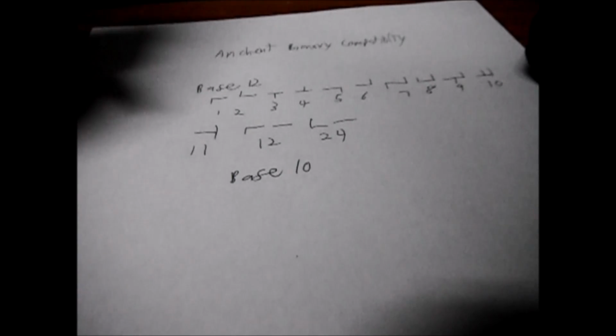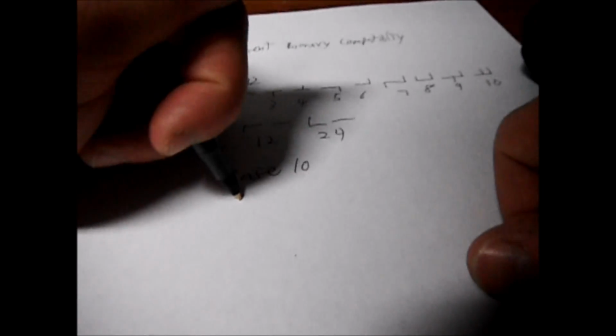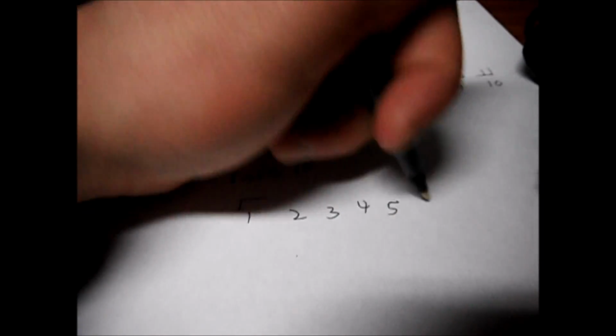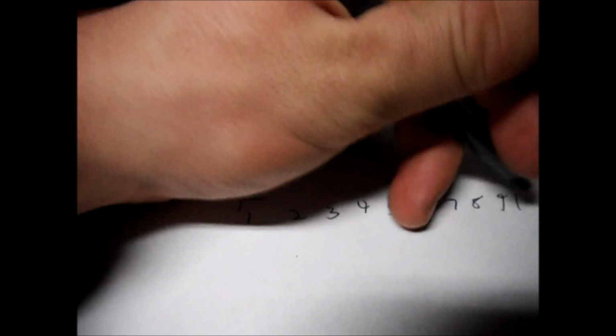If you wanted a base 12 number system, like some people are proposing right now. If you want a base 10 like our standard system, you just limit it to 10. So 1, 2, 3, 4, 5, 6, 7, 8, 9, 10.